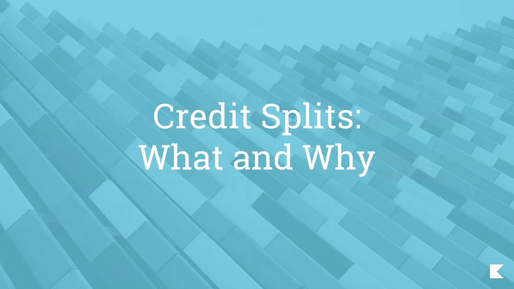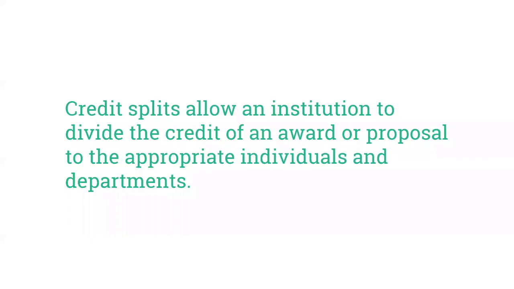The credit split feature in Kuali Research helps Maryland College Park answer that question of how much. It takes it from a yes, they should absolutely get some sort of credit, to how much credit they should actually get. At Maryland College Park, credit split allows us as an institution to divide the credit.